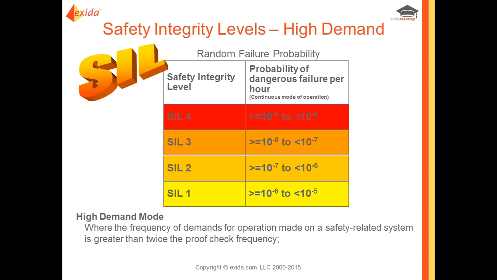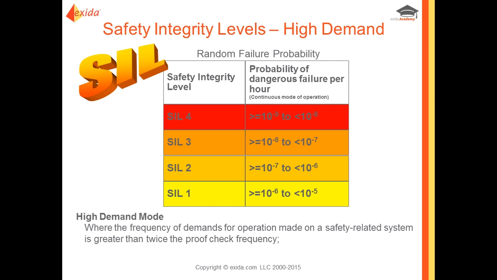And if the ratio of diagnostic test rate to demand rate exceeds 100, then the subsystem can be treated as low demand mode. The diagnostic test interval will need to be considered directly in the reliability model if it is not at least an order of magnitude less than the expected demand rate. So that all comes directly from the standard.